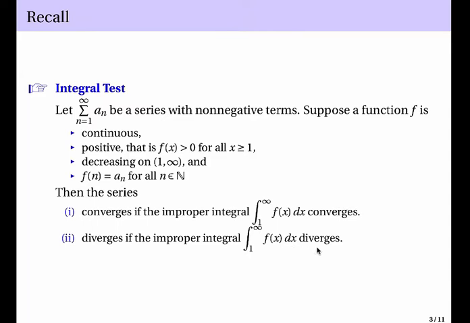Now, this condition can be modified into the following. We can say that we need the function f to be positive for all x greater than or equal to k for some positive integer k.